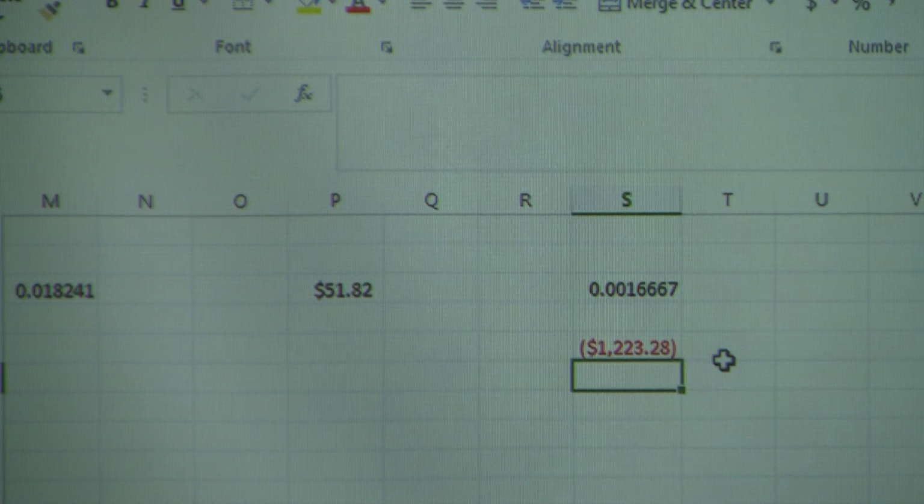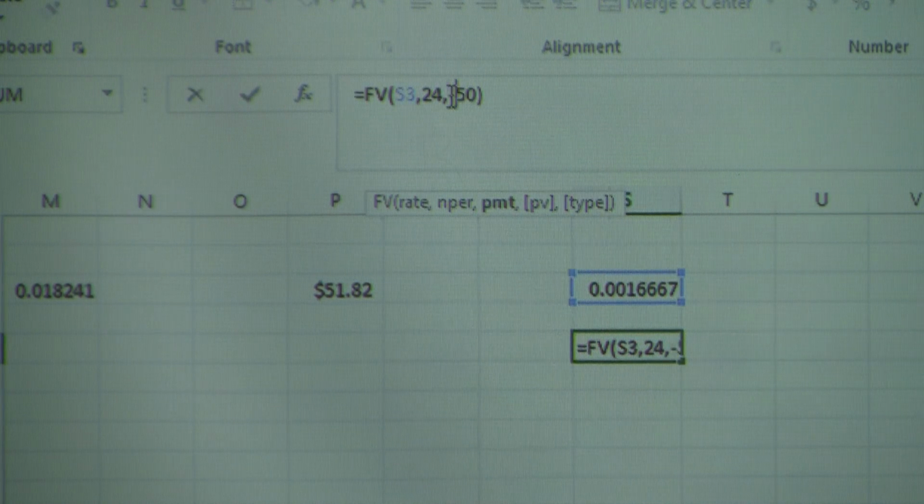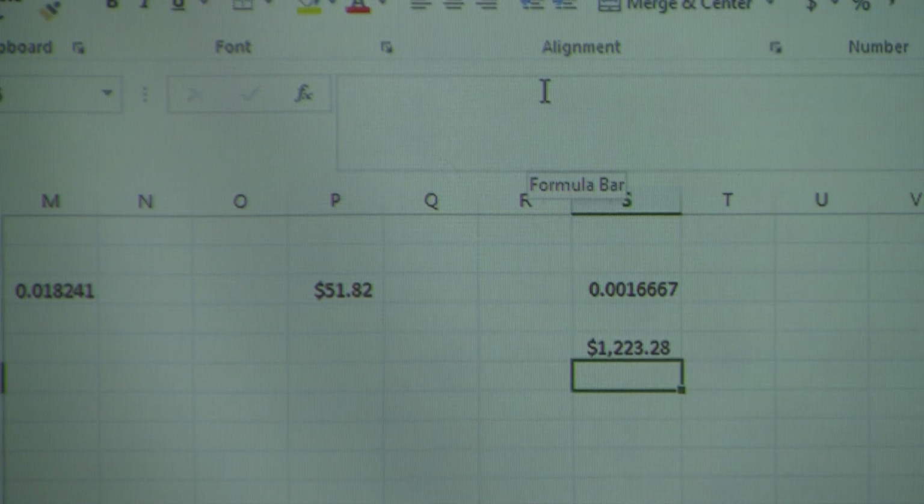I just need a direction for it to go. So Cookie's my banker. I'm handing him my money, and I'm trusting that he's not running back in. Bad choice, Shawn. I trust you, Cookie. So let's do it the right way. That is money coming out of my pocket, so that would be a negative value. So if I follow this savings plan, I'm going to have $1,200 at the end of the 24 months.